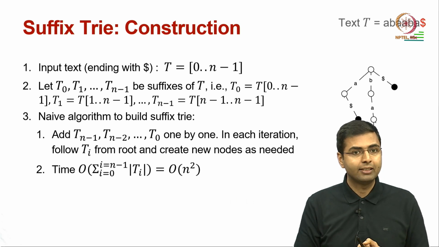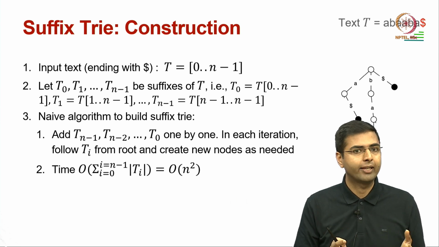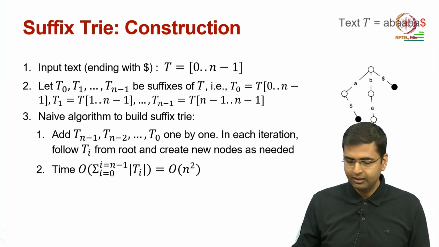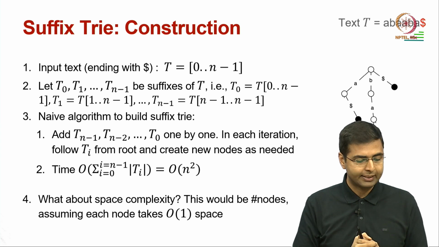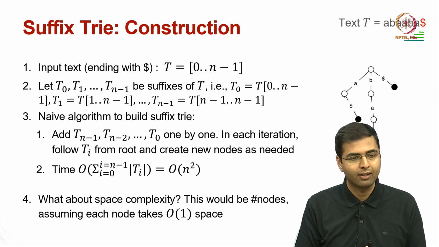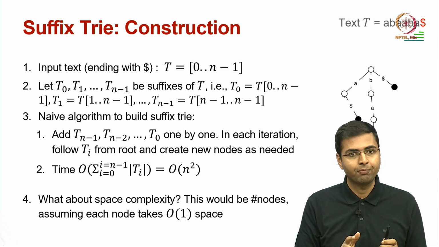What about space? We have discussed the time, which is quadratic. How much space do we need to store suffix tries? To think about space complexity, we have to look at the number of nodes in the suffix trie, assuming that each node takes order 1 space.